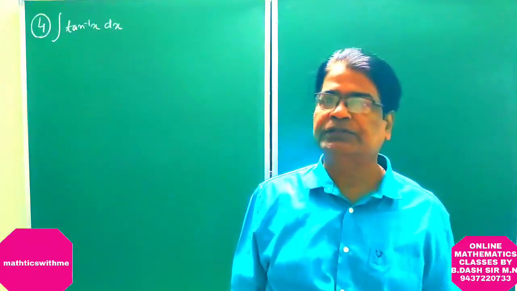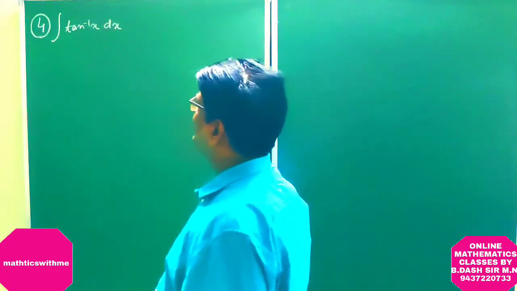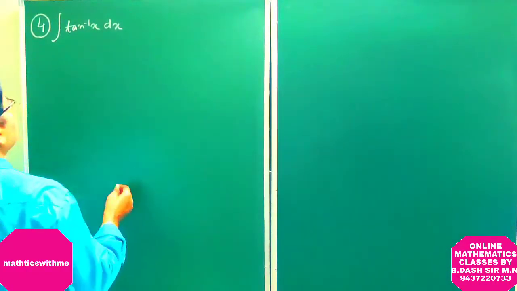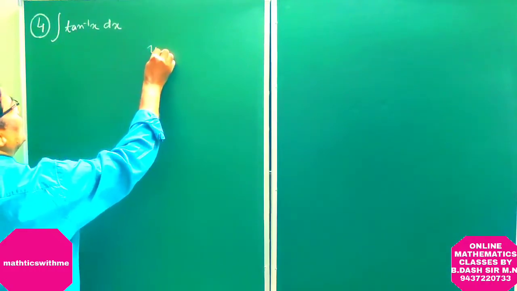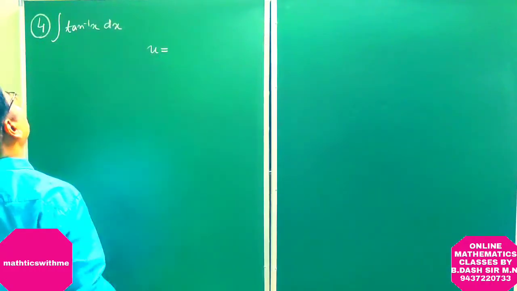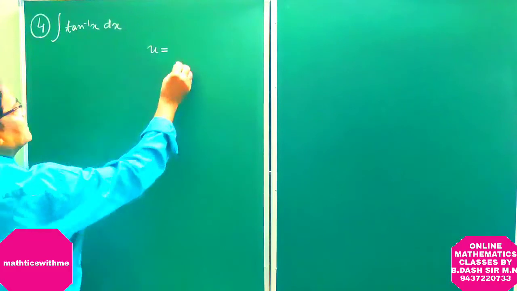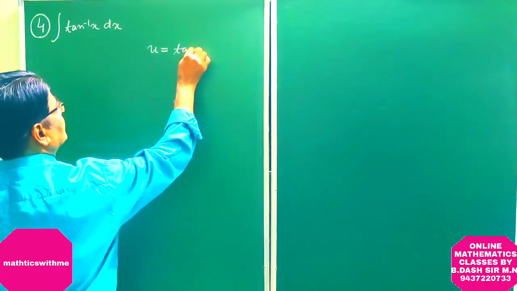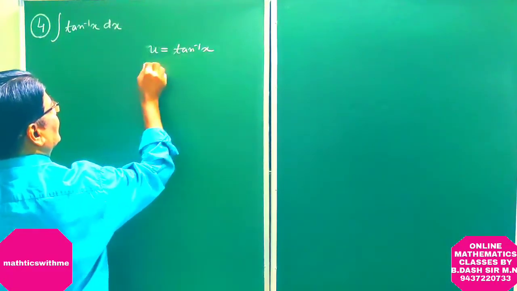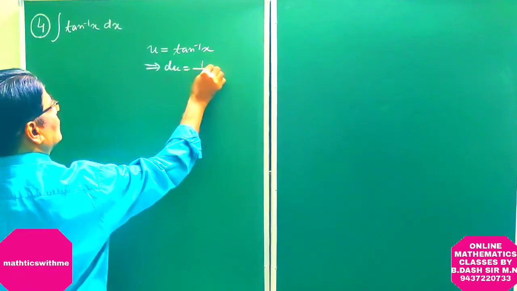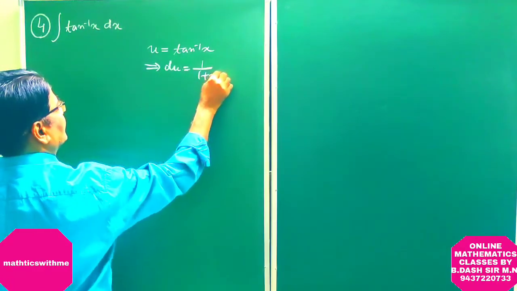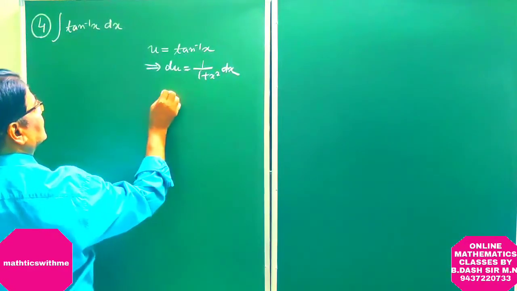So let us proceed to the next problem. Our next question is: evaluate the integral of tan inverse x dx. In order to solve this problem, put u equal to the inverse function, tan inverse x. So du is equal to 1 by 1 plus x square dx.